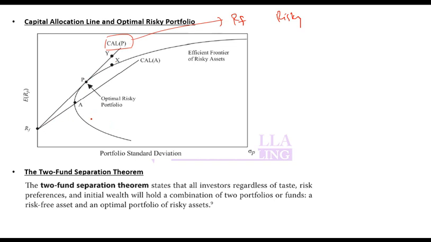This is risk-free. Now the question is, where would an investor operate, or what will be the optimal risky portfolio? So optimal risky portfolio would be the one at which CAL becomes tangential to efficient frontier. This is the portfolio with highest Sharpe ratio.